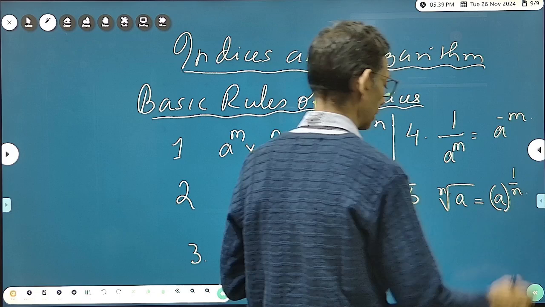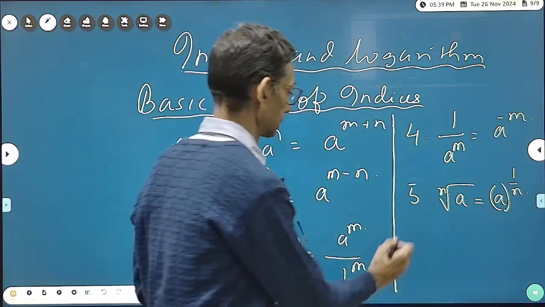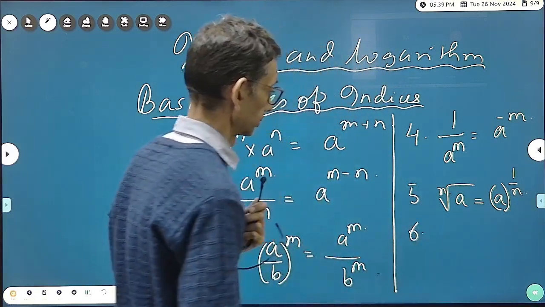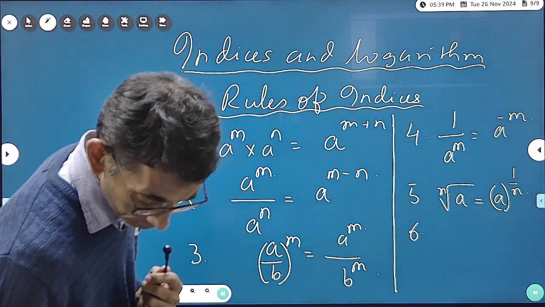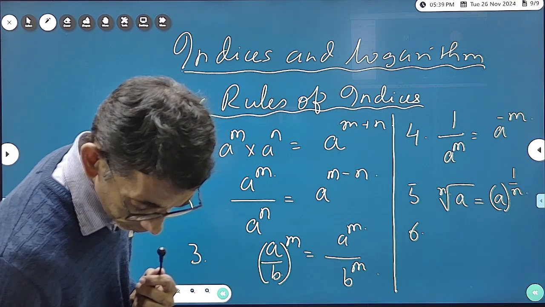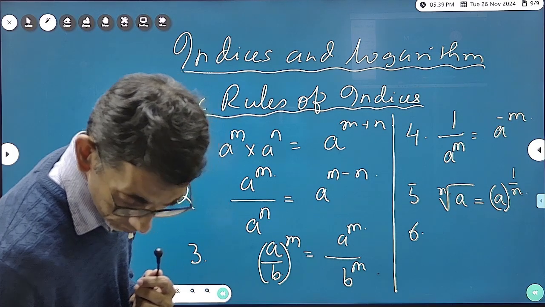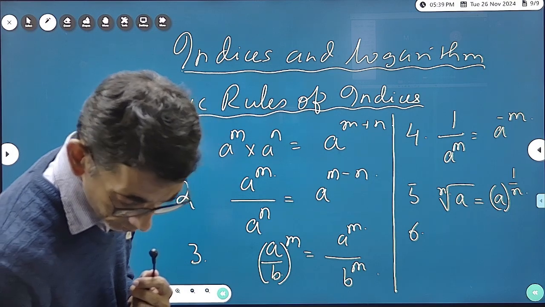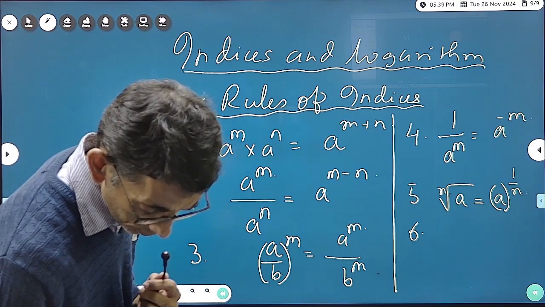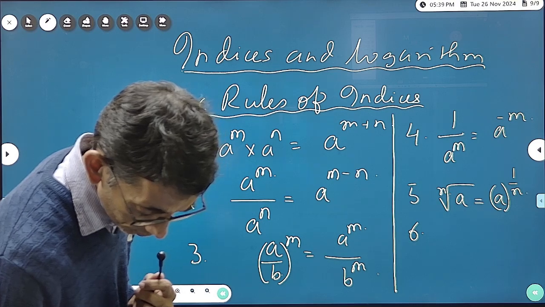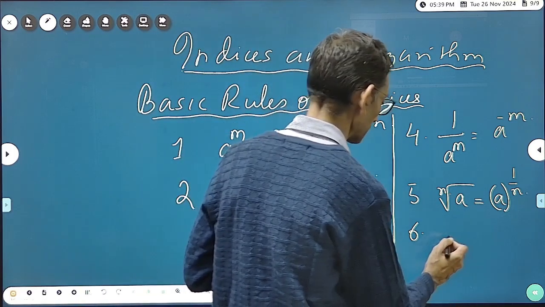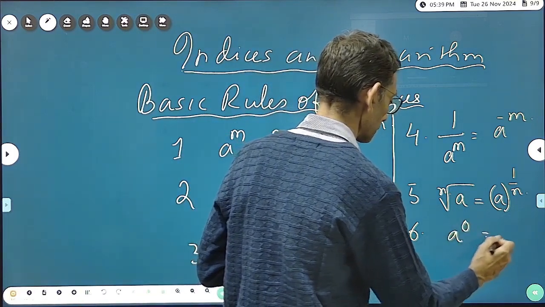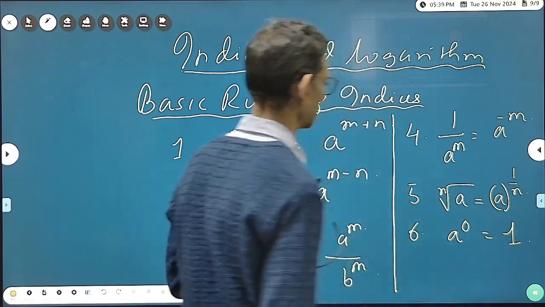And a to the power 0: anything to the power 0 is always equal to 1, right?